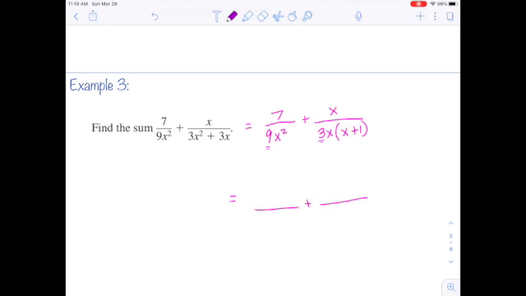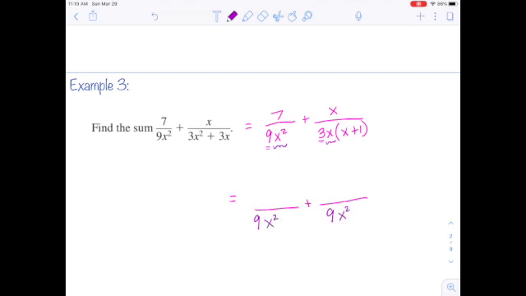Is there anything I can multiply that 3 by to get the 9? And that answer is yes. So I can make both denominators have a 9. And then move on. You have x squared and an x. Is there something I can multiply a single x by to get x squared? Yeah, it would just be x squared.